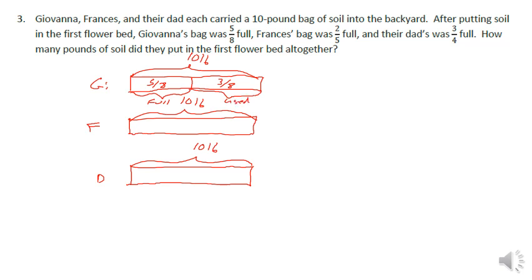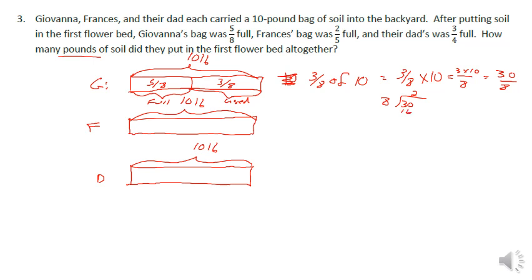So now in order to find out how many pounds, because it's saying how many pounds, I would have to do 3/8 of 10 pounds, which equals 3/8 times 10, which equals 3 times 10 over 8, which equals 30 over 8, which now tells us we're going to take 30 and divide it by 8. 8 will go into 30 3 times. 3 times 8 is 24.